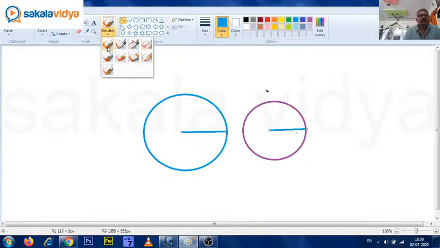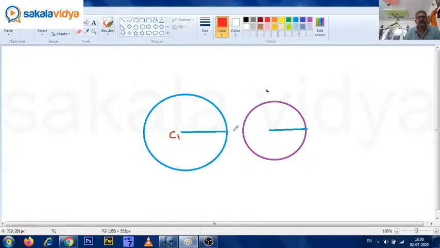Let the center of this circle be C1, with point P. The center of this circle is C2, with point Q. The radius of the first is R1, and the radius of this circle is R2.